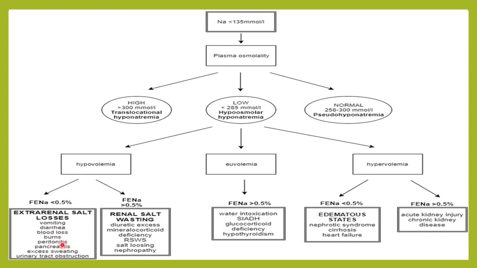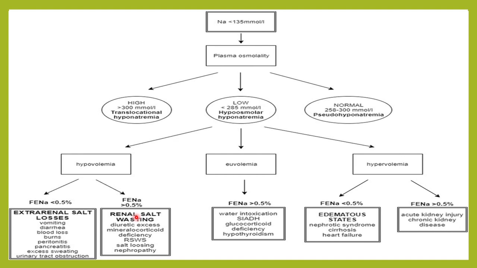All this can cause loss of water as well as loss of salts from the patient. That can cause hypovolumic hyponatremia. So those are the extrarenal causes. Now there could be some renal conditions where there could be loss of fluid as well as loss of salts.